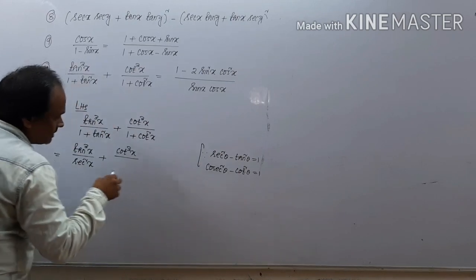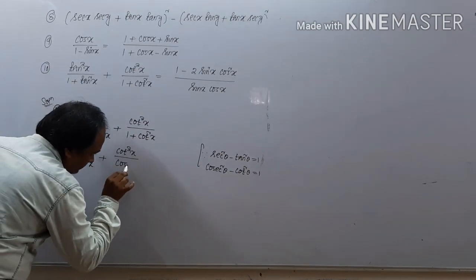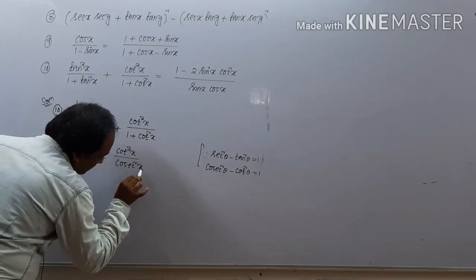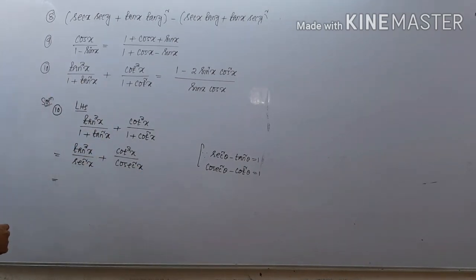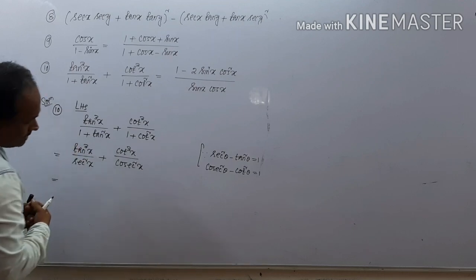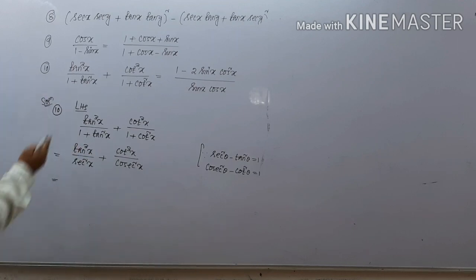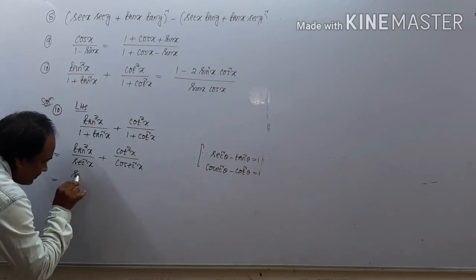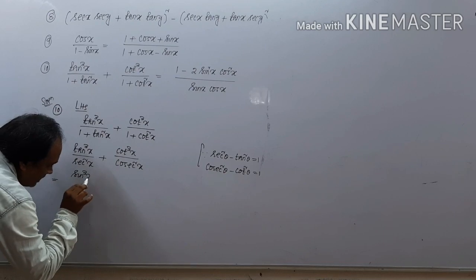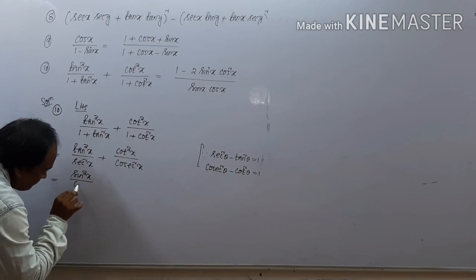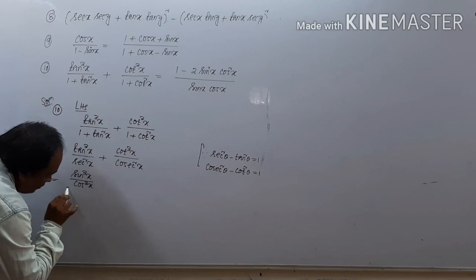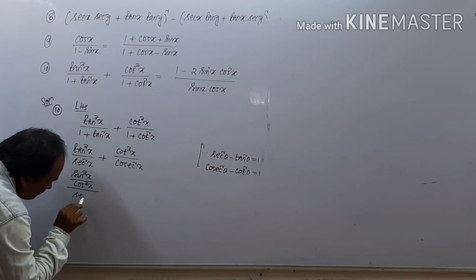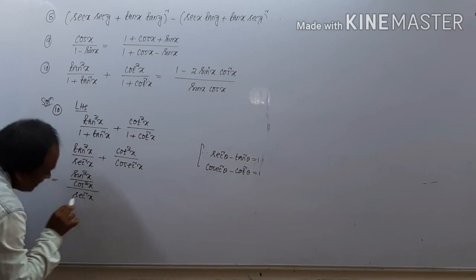From this formula this is cosec square x, right? After that we will convert this expression in the form of sin cos, so that we will get it in the form of sin cos, right? So this is sin cube x divided by cos cube x whole by sec square x.